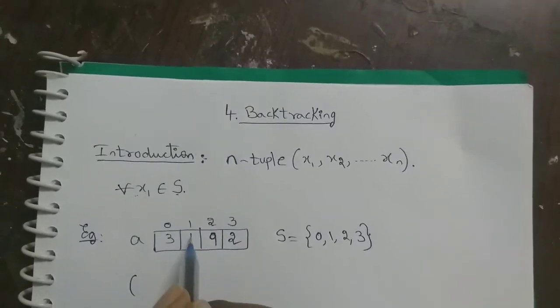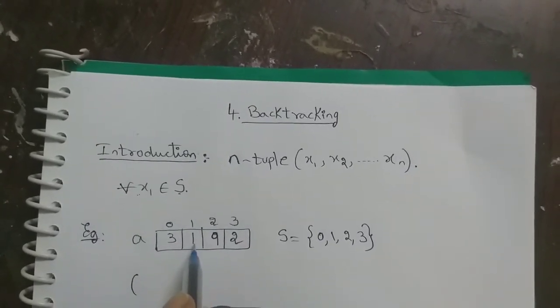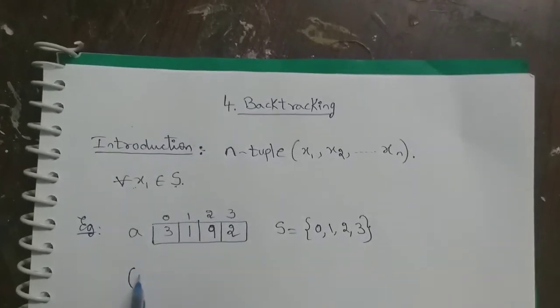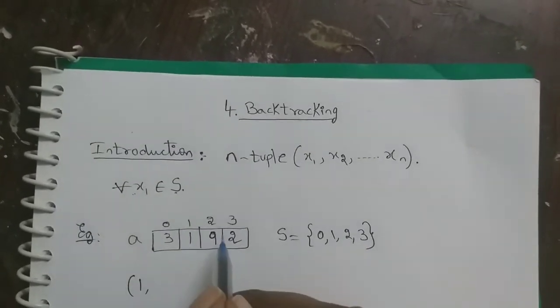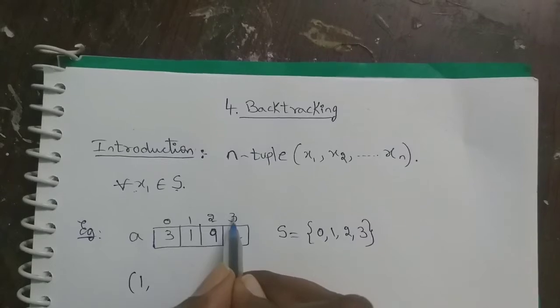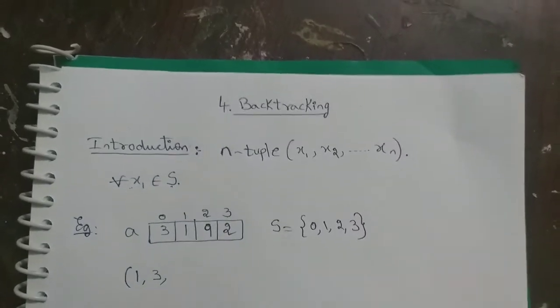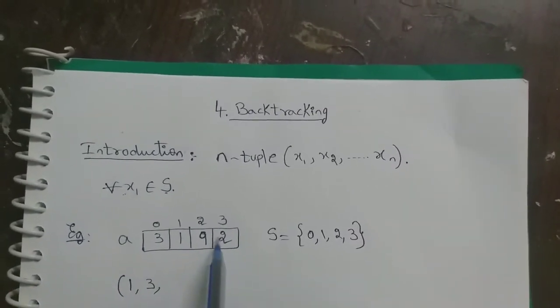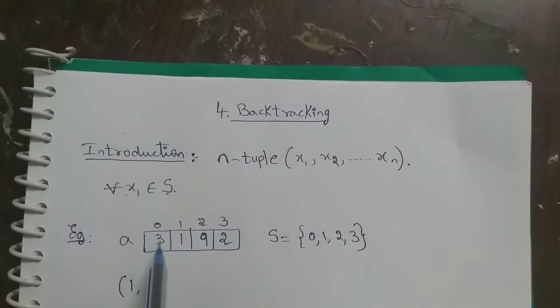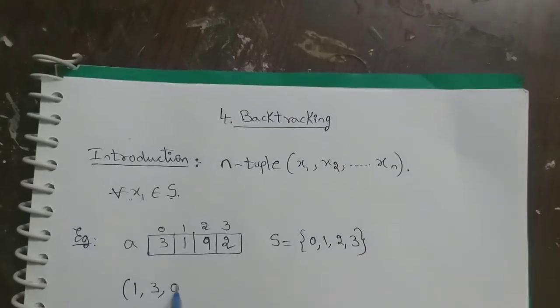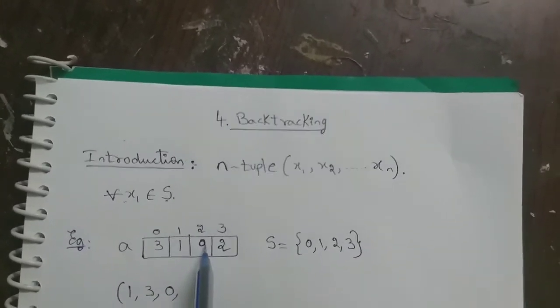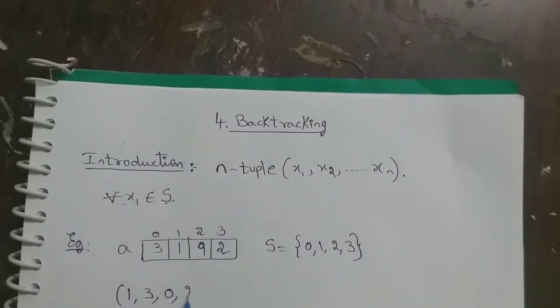The first element in the sorted array should be 1. It is at index 1, therefore 1. The second sorted element is 2. It is at index 3, therefore 3. The third sorted element is 3, which is at index 0. Finally, the last element is 9, which is at index 2.